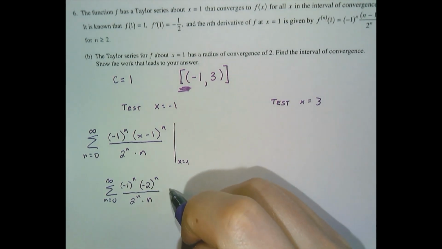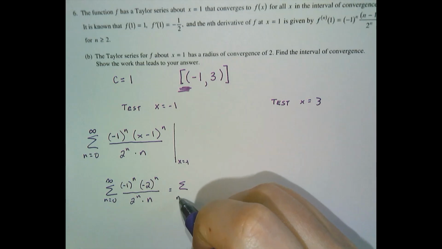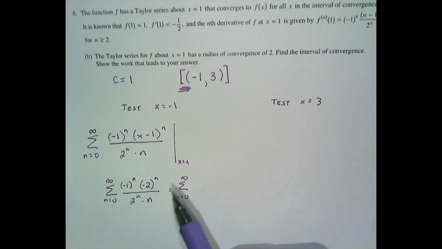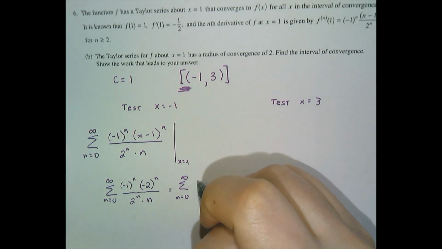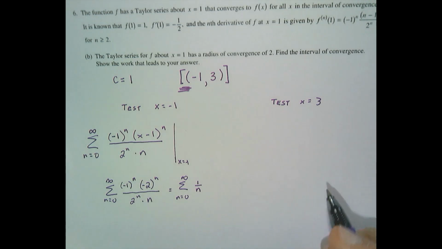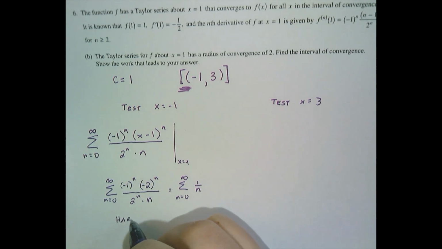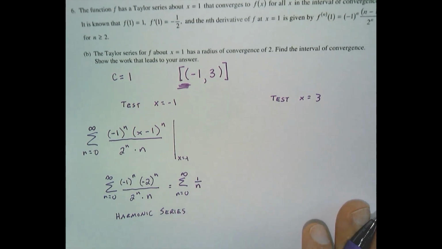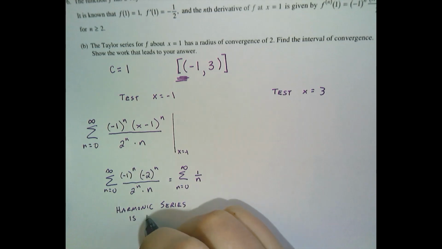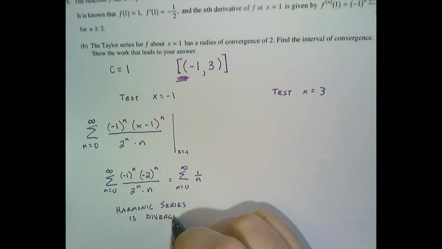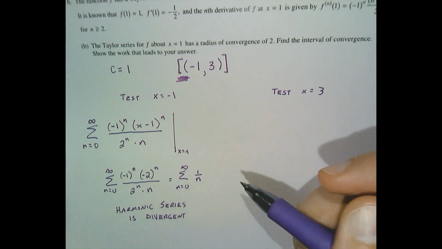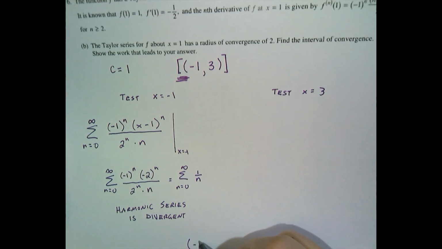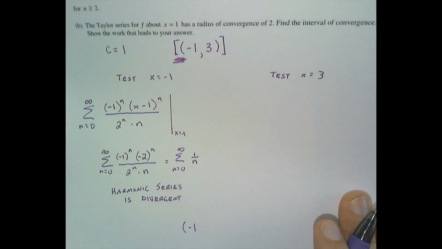And if we simplify that expression, this alternator cancels that alternator, and 2 to the n over 2 to the n cancels, and we arrive at the harmonic series. And we should remember that the harmonic series is divergent by the p-series test, p equals 1. So conclusion, we're not going to have a hard bracket, we're going to have a soft parenthesis for -1.